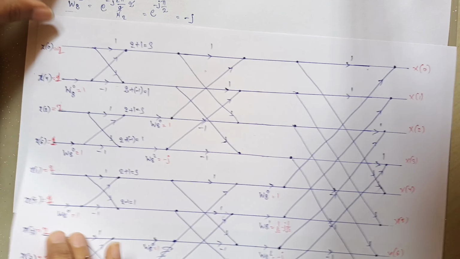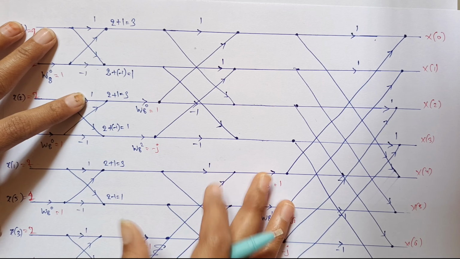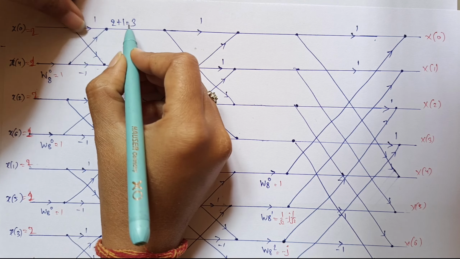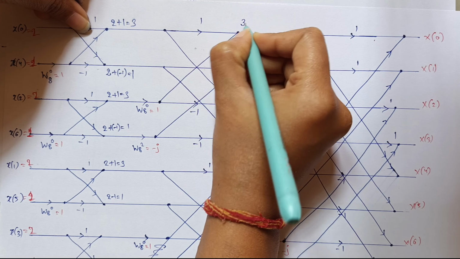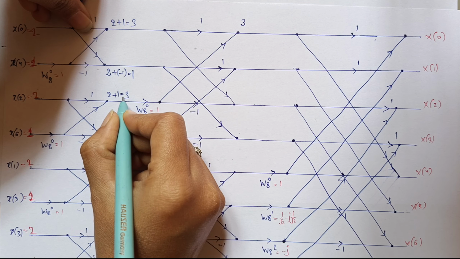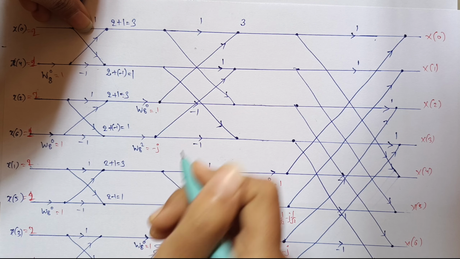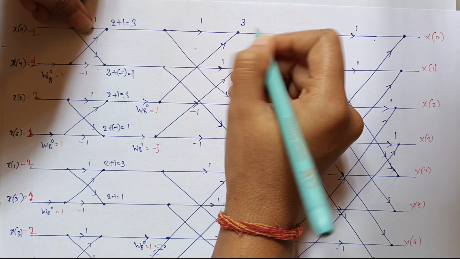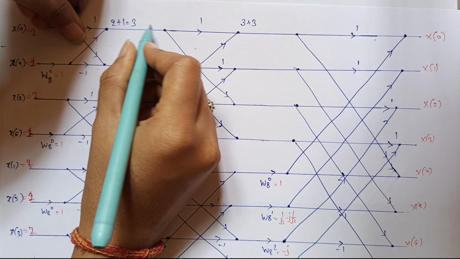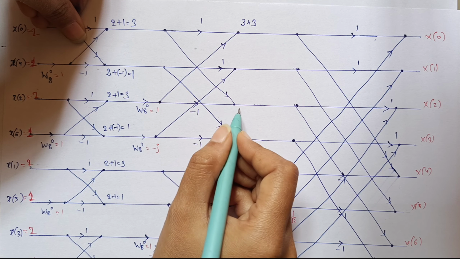Now let's move on to stage 2. We have value as 3. Now 3 will be moving to here. We have 3 into 1 is 3, right? So nothing. Now here we have 3 into 1, so 3 into 1 is 3. It will be moving on the top, and plus 3. Here again from here we will take 3 and nothing is getting multiplied.